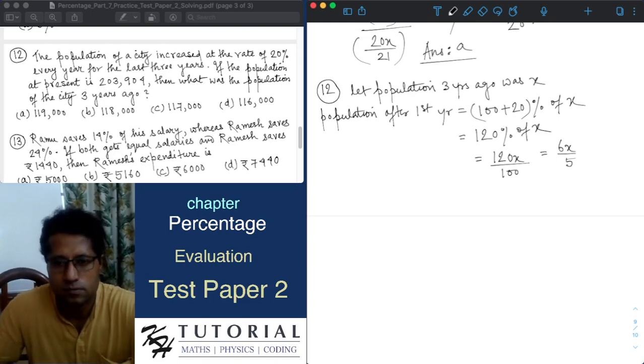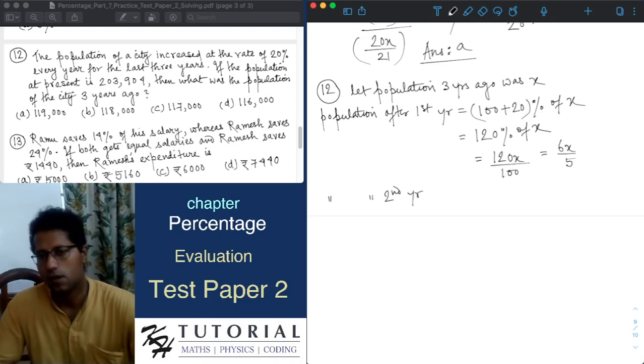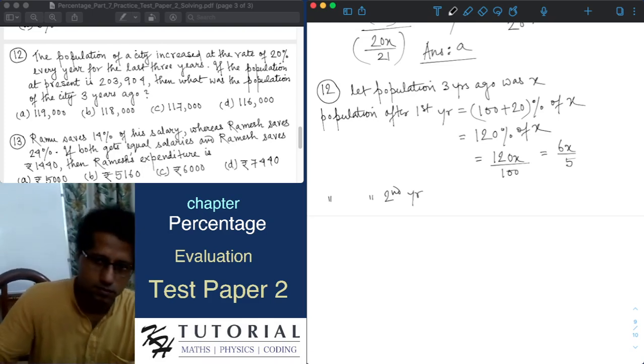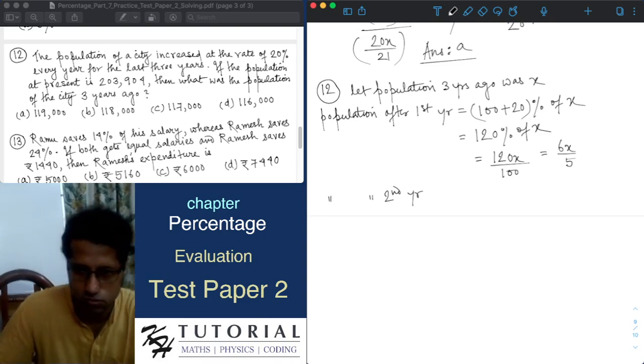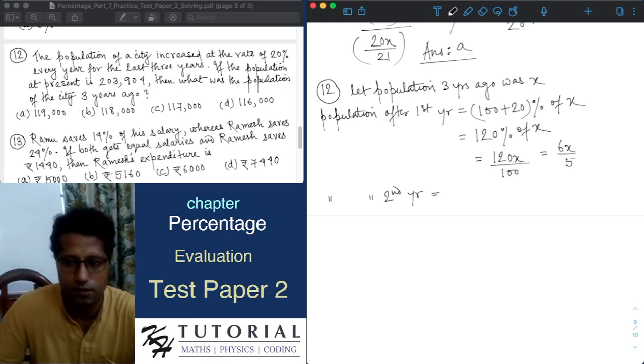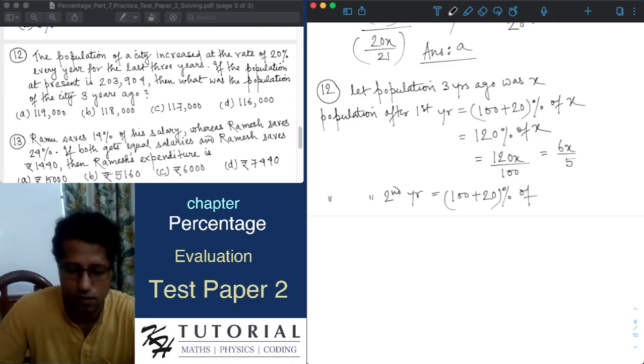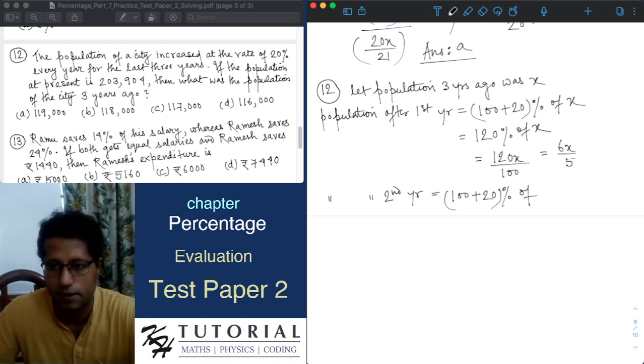So the population after the second year: since every year the population is increasing by 20%, at the end of the second year the population will be 1 plus 20% of the population at the end of the first year, that is 6x by 5.